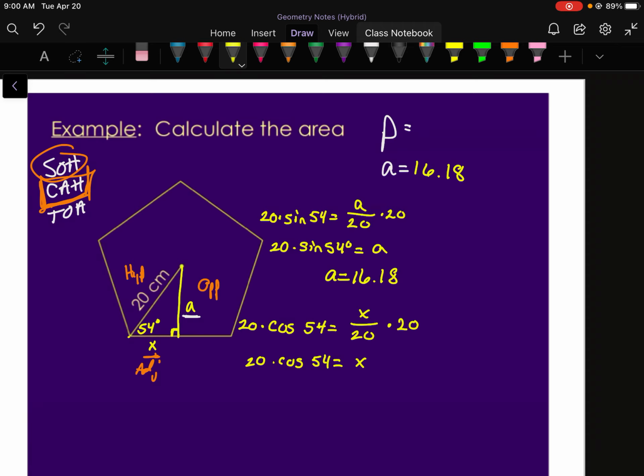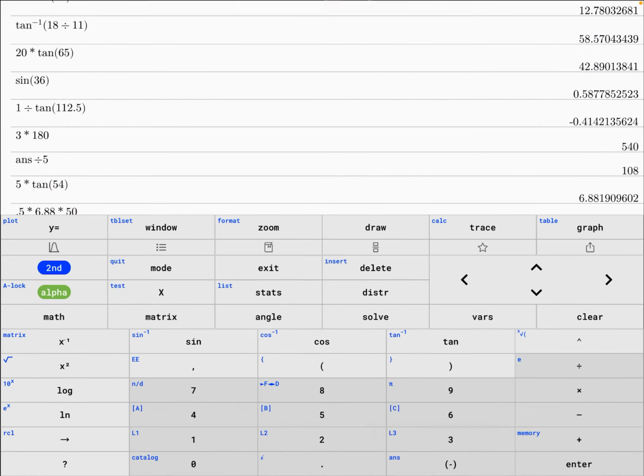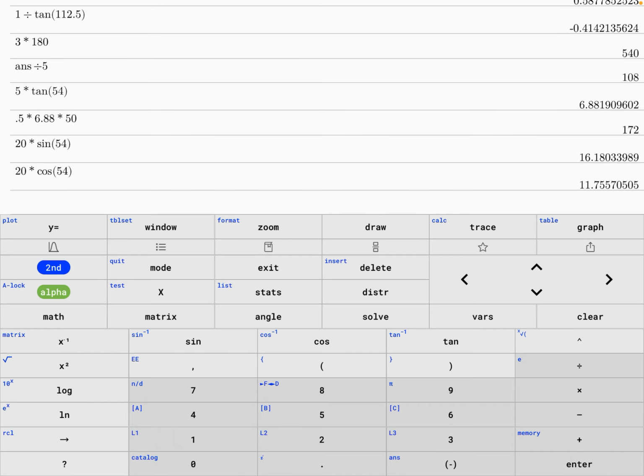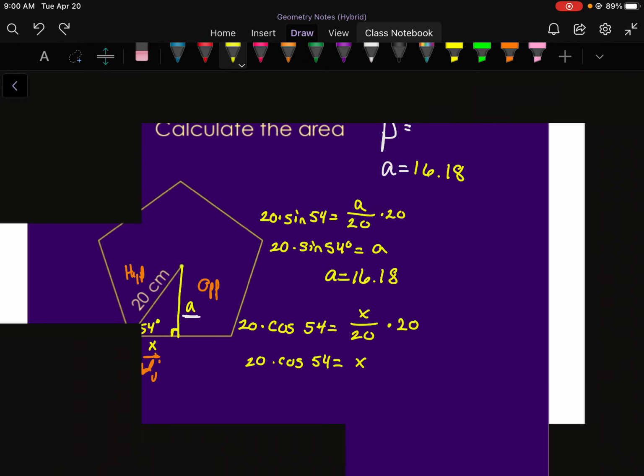So what that's going to do is tell us this distance right here. From there to there. We have to double it to find the whole side. So 20 times cosine of 54. Cosine of 54 is 11.76 if you round appropriately to the nearest hundredth.